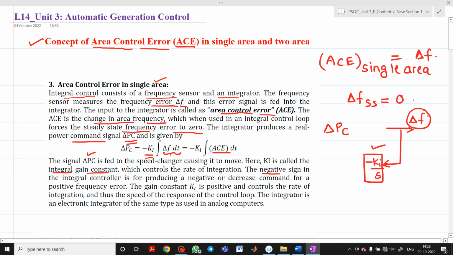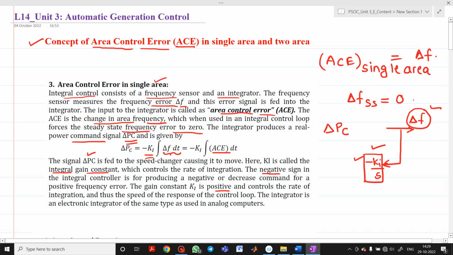If the change in the frequency is more, then we have to reduce that change in the frequency, so that's why the negative sign is taken. The gain constant Ki is positive and it controls the rate of integration and therefore the speed of response of the control loop. The integrator is basically an electronic integrator of the same type as used in the analog computer.